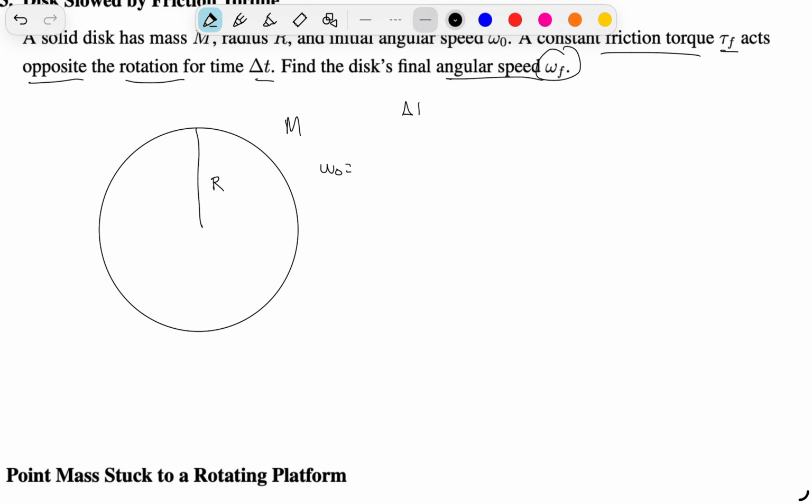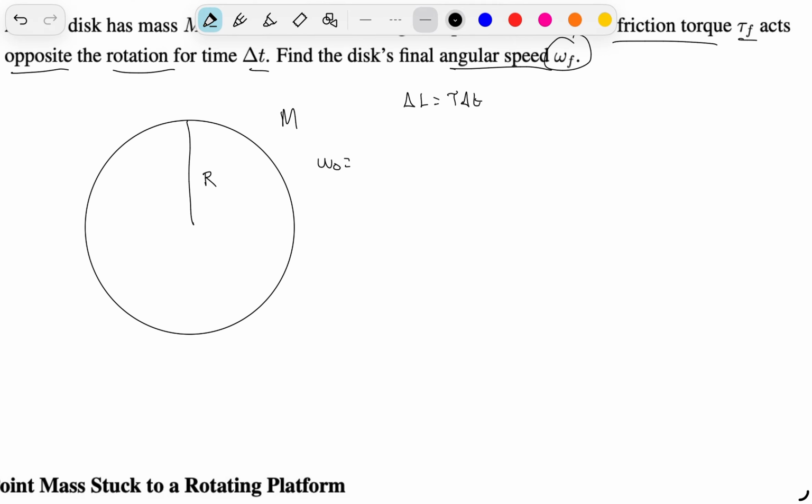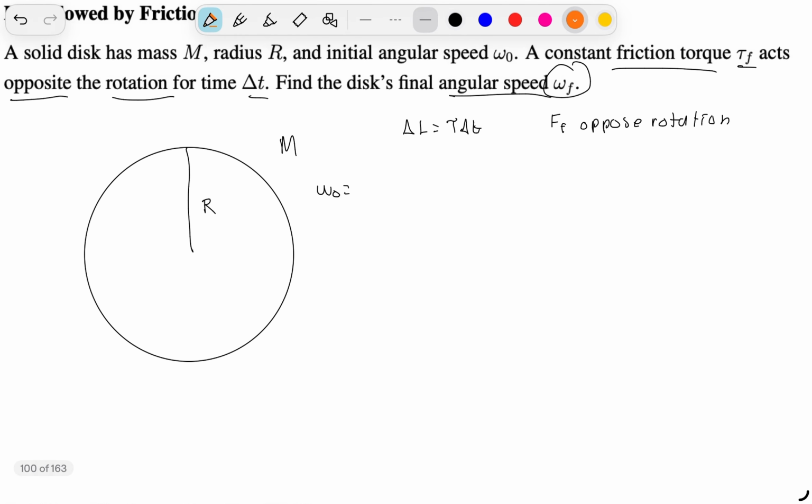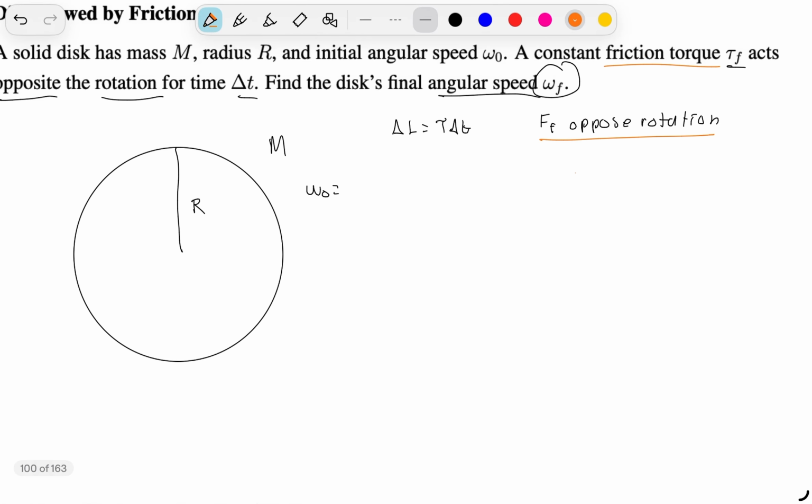Again, we'll write our angular impulse. We know that the force of friction is going to oppose our rotation. So if we have a friction torque that is what is going to be analyzed here, that means that the torque that is going to be acting from the friction is going to be negative torque from the force of friction.